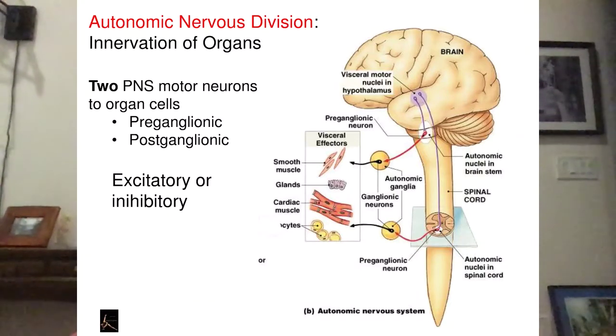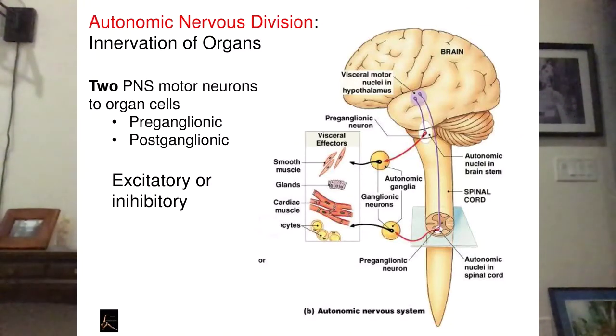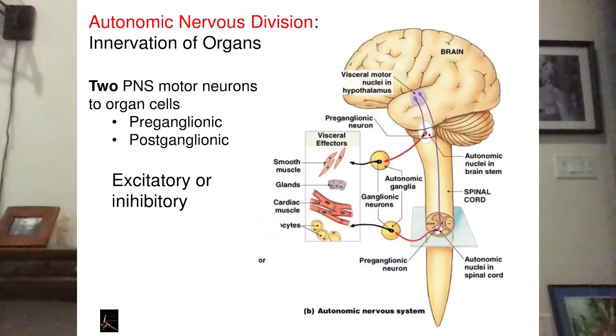Now what we want to do is talk about that efferent response, just the efferent side. The information will come from the hypothalamus, and you can see there's an interneuron there, that purple color, coming from the hypothalamus down the spinal cord. But then it will synapse with one of a series of two peripheral motor neurons.